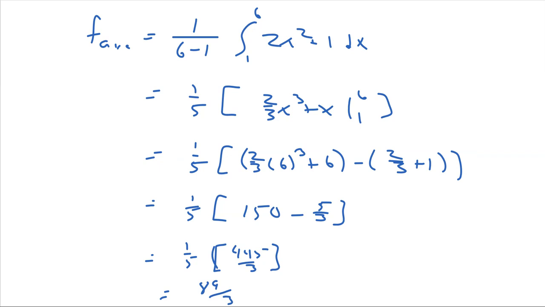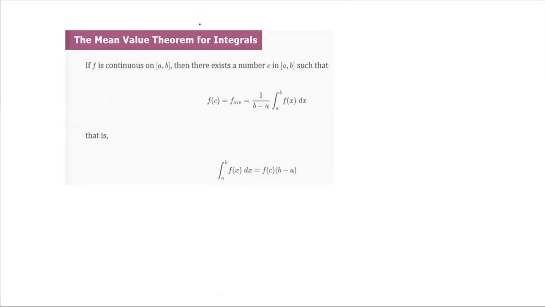So, woohoo! Now, we also have what we call the mean value theorem for integrals. It says that if f is continuous on an interval, then there exists a number c in the interval such that the y-coordinate is equal to the average value.